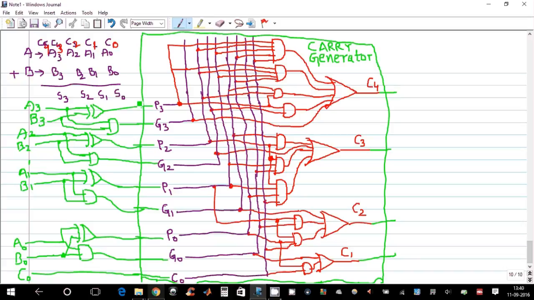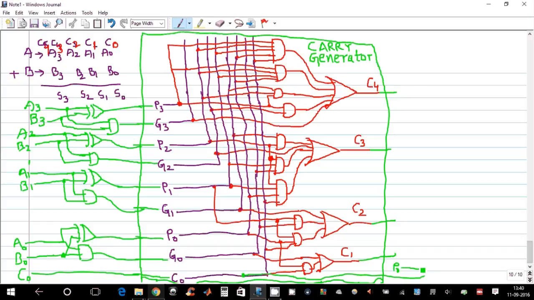If you recall, the sum expression is nothing but A XOR B XOR C. So for the initial sum, the diagram is looking very clumsy, but you can take this C0 out here, and let us say my P0 is also available with me.